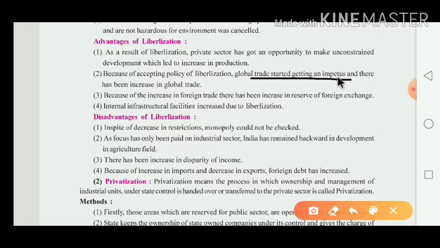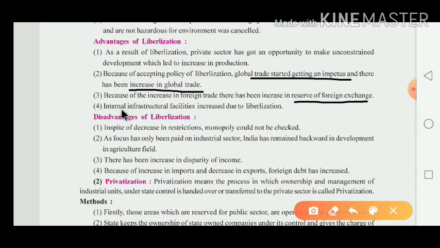It means the government is giving more courage and encouragement to the private sector, and they are now trading with the global market and increasing that trade. Because of the increase in foreign trade, there has been an increase in the reserve of foreign exchange. International trade started, and that is why foreign trade increased, which is a benefit for our nation.